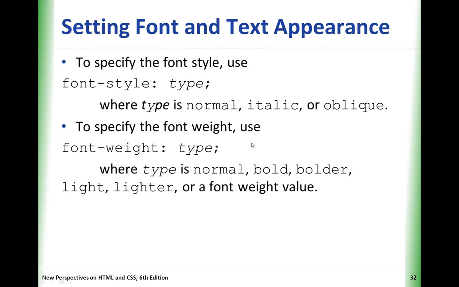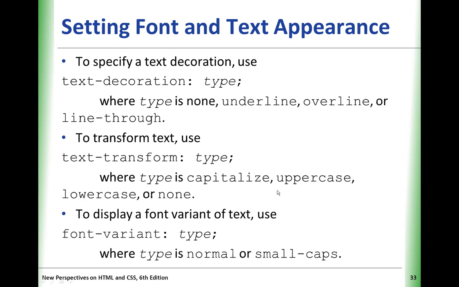Then you can specify the font weight, where type is normal, bold, bolder, lighter, or an actual number. We can set a decoration: none, underline, overline, or line through. We can transform text. We can make it capitalized, uppercase, lowercase, or none.